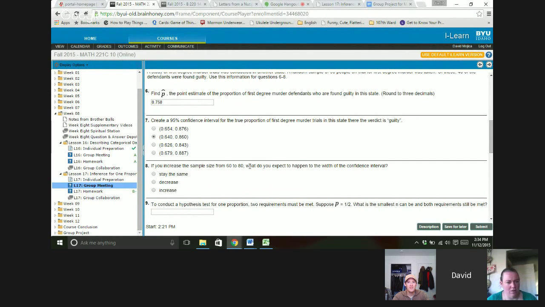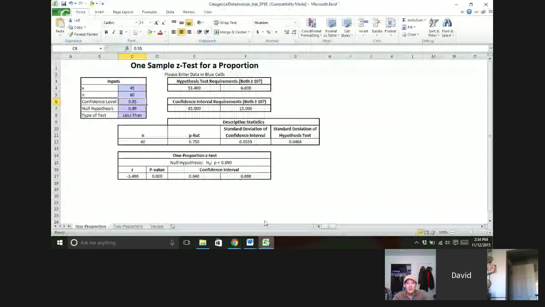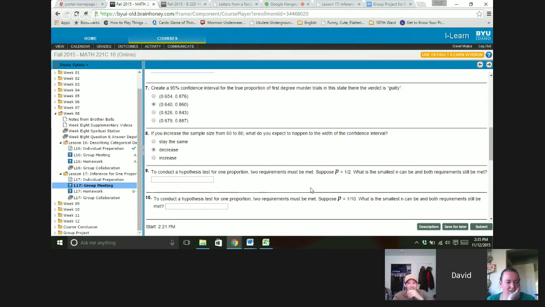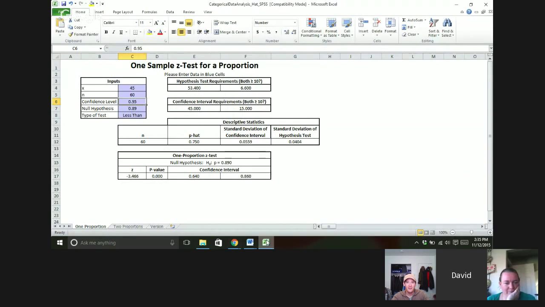Okay, because it's asking what would happen to the confidence interval, not level. Gotcha. When you put 60 or 80, it goes down. Sorry, I read that wrong. I thought it said confidence level. No worries. But if it did say level, I would have been right. Yes, you would have. So we're decreasing.